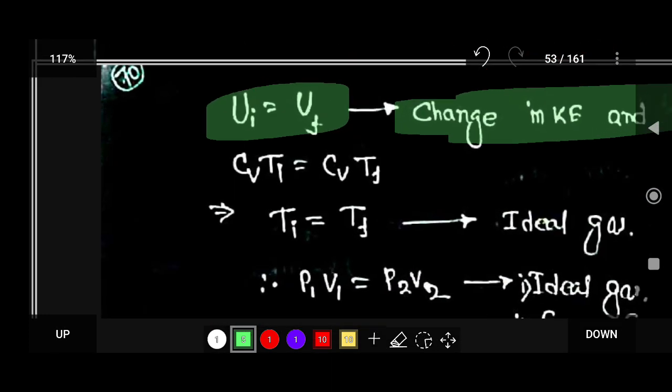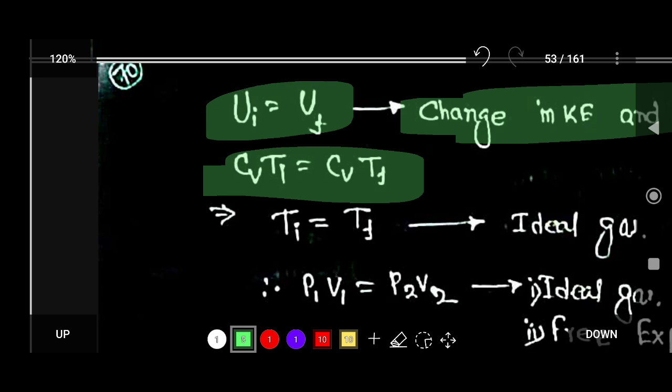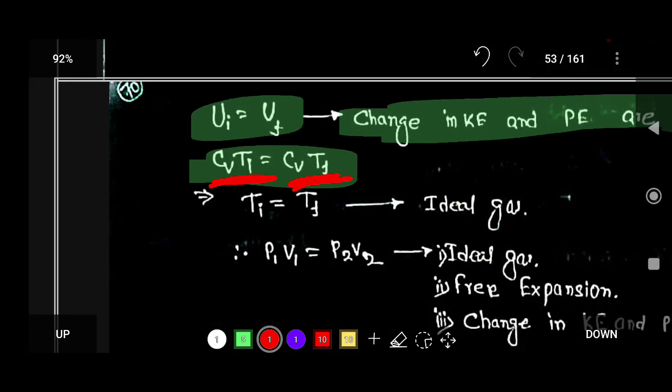Internal energy is a function of temperature: Ui is equal to Cv into Ti, and Uf is equal to Cv into Tf. So Cv cancels out and you get initial temperature equal to final temperature. This is only valid for an ideal gas.